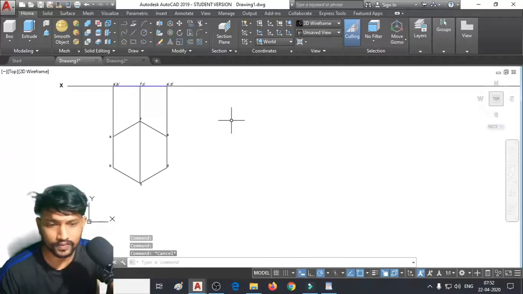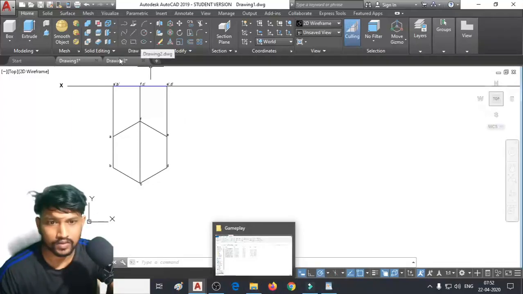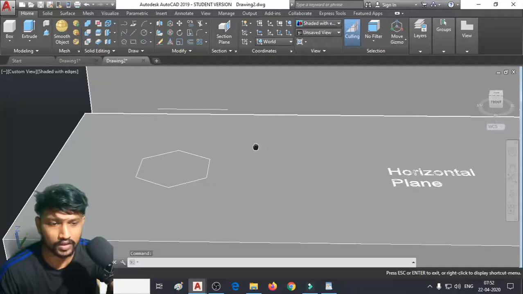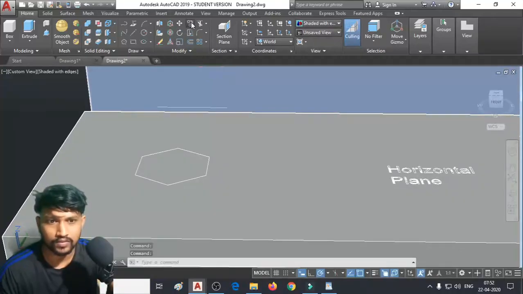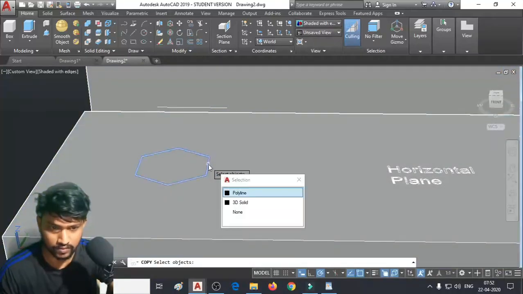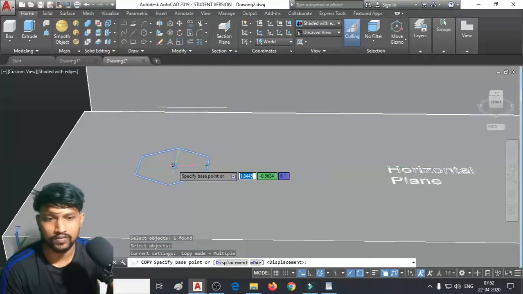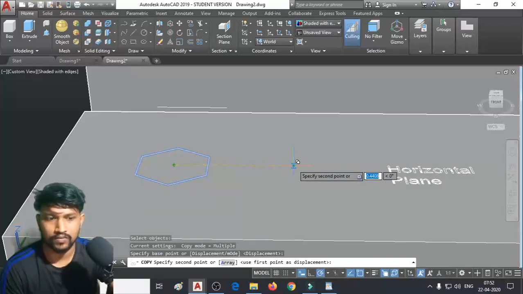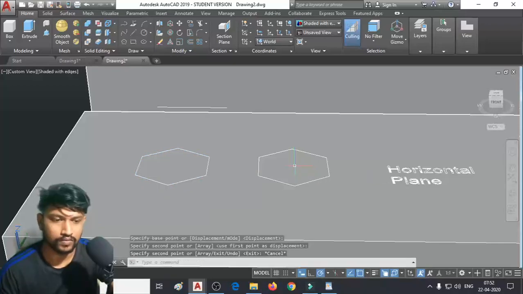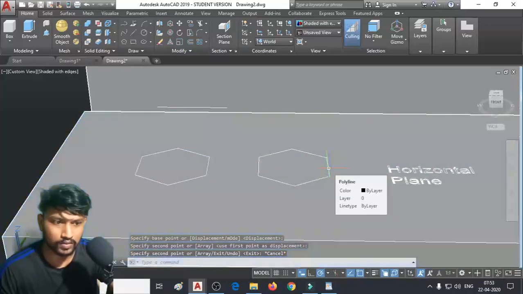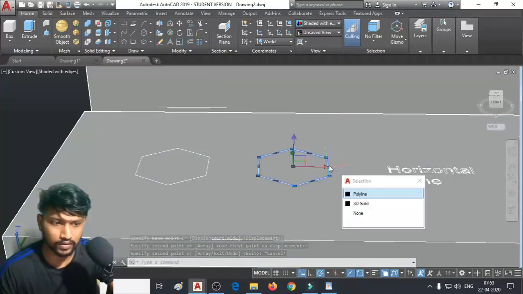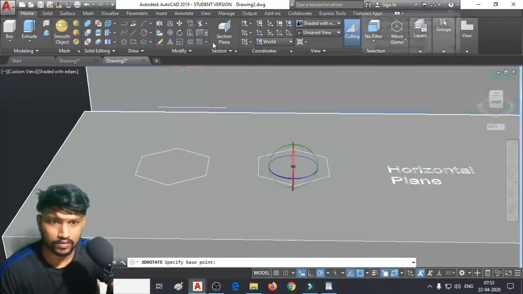Now let me show this to you in AutoCAD. I'm going to be rotating this one.